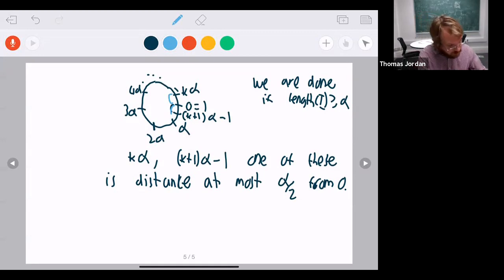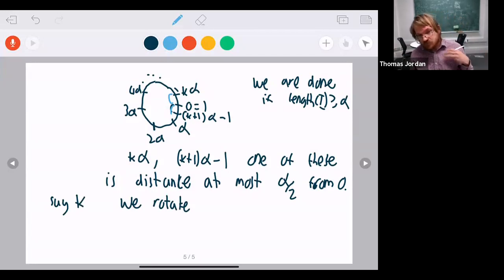Okay, so now we rotate. But rather than rotating one alpha at a time, let's say in this case k is the one which is within a half of 0. So rather than rotating by alpha, we now rotate by k alpha. So we jump terms on this orbit.